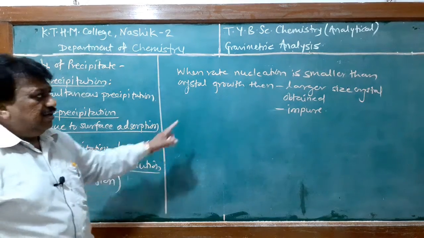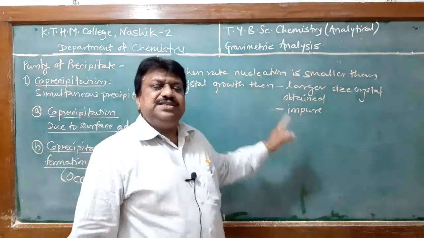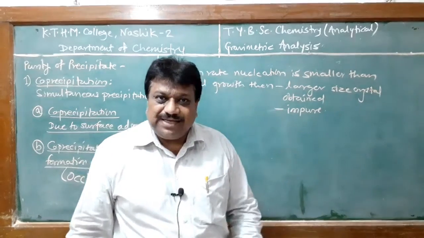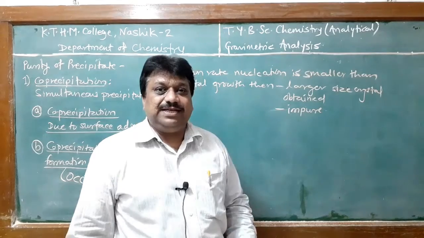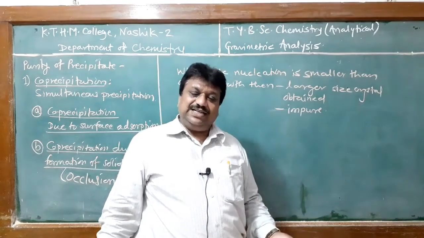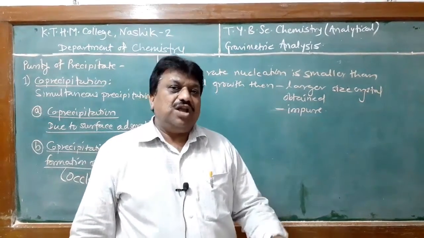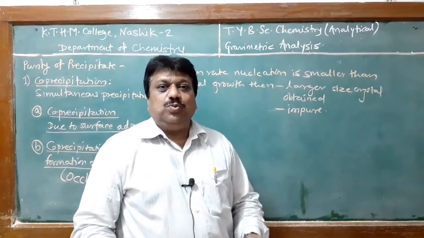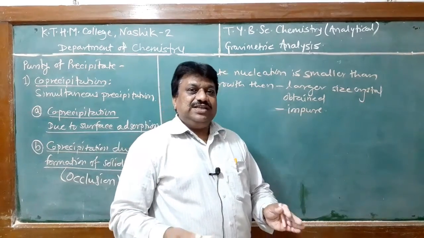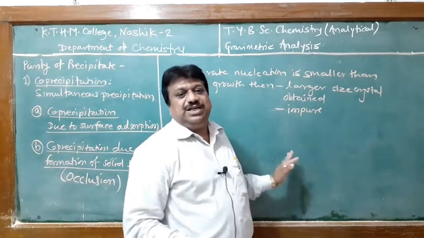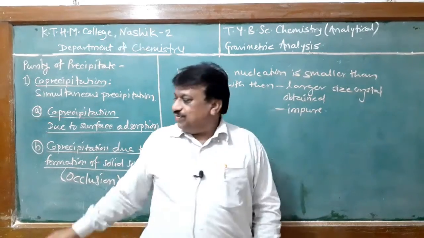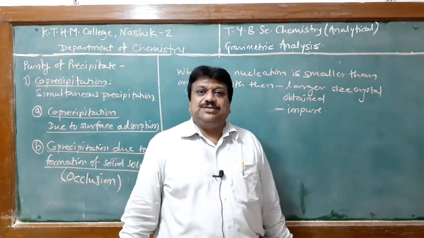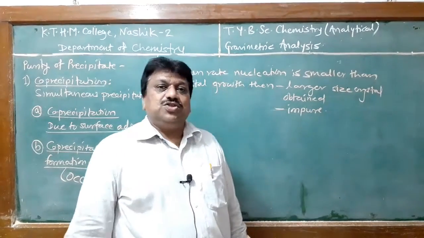Therefore, for crystal growth, when a sufficient number of nuclei are not available, then during building up of the precipitate, some solid impurities or sometimes solvent molecules may be adsorbed inside the precipitate in order to build up the body structure or crystalline structure of that precipitate. And this type of physical phenomenon is called co-precipitation due to formation of solid solution.